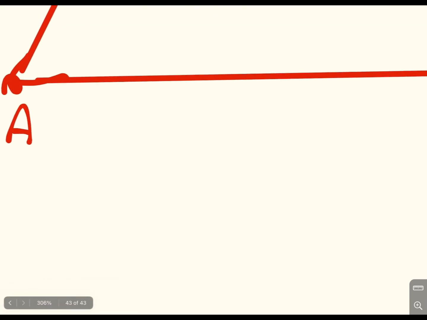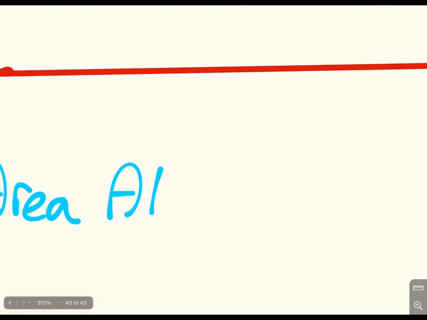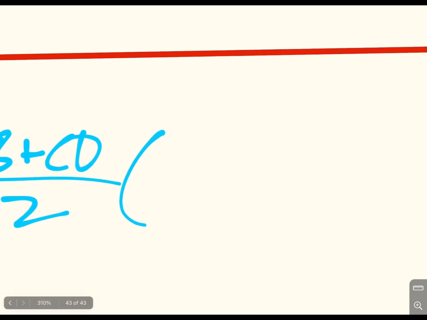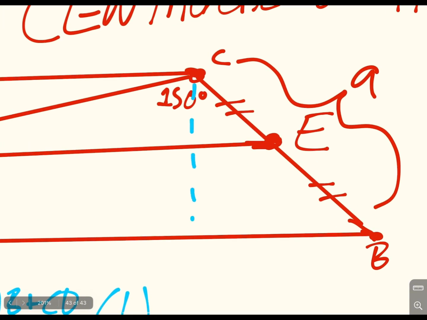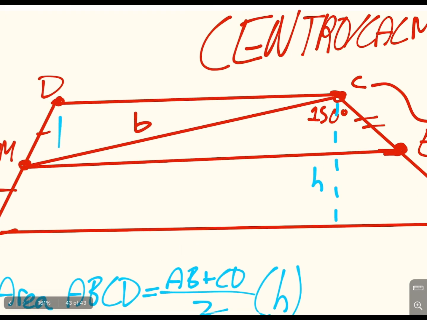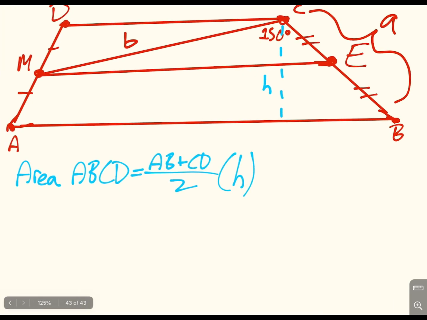We know that by definition, the area of ABCD is going to be equal to (AB plus CD) over 2 times H. And we're going to define H as basically this little height from C. It'll be the same thing if we draw it from here. But the point is that it's the height of the trapezoid times (AB plus CD) over 2.